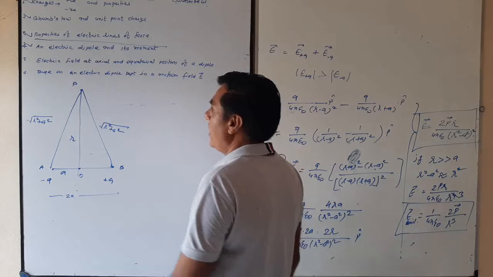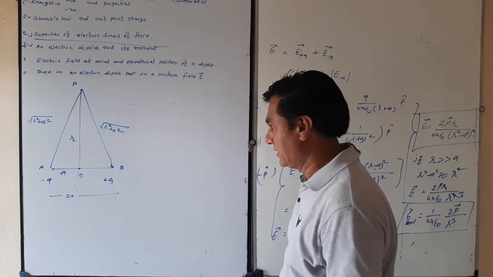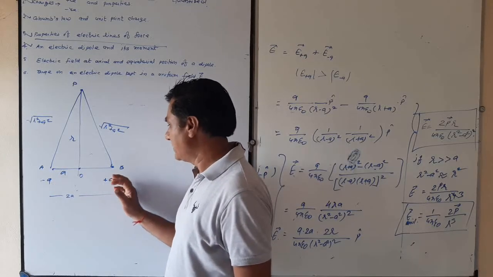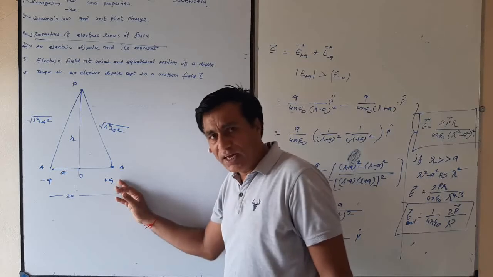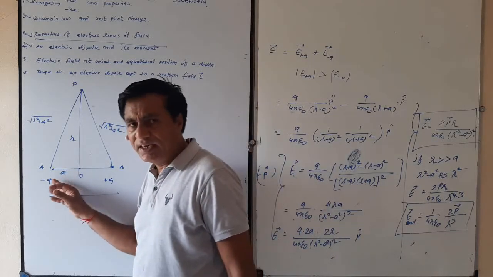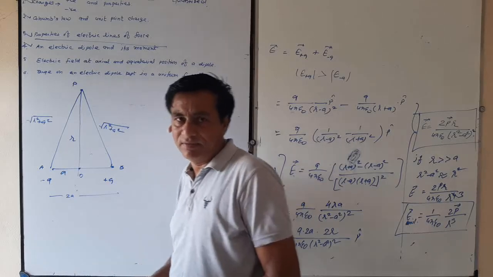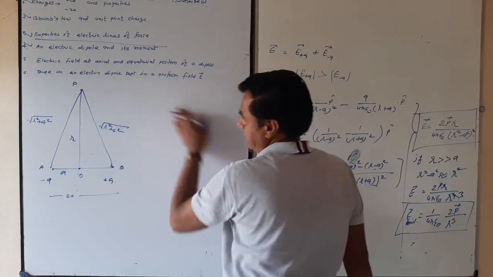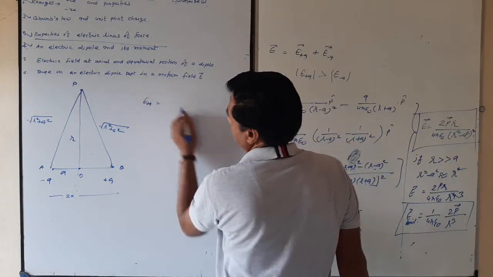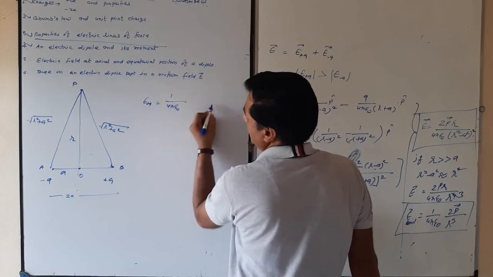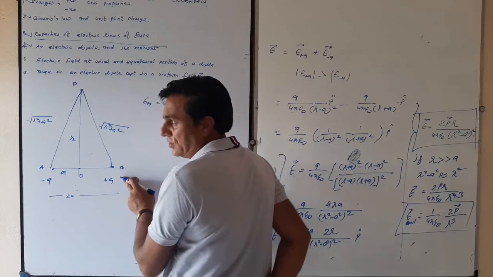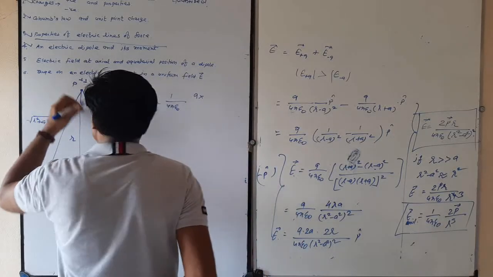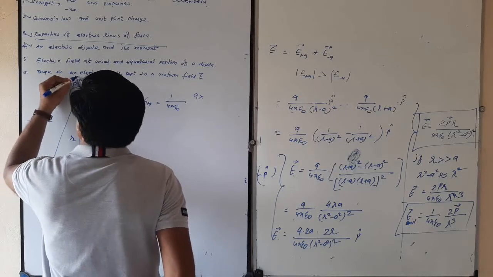Now we are going to calculate the electric field due to the dipole. We will calculate separately due to plus Q charge and then minus Q charge. By summing, algebraic sum or vector sum, you can get the electric field intensity. Now E due to plus Q is 1 upon 4 pi epsilon 0 Q, point magnitude Q, plus 1. So what is the direction of electric field E due to plus Q?